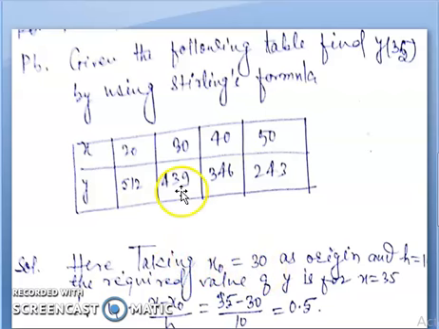You can take any value in the middle, like 30 or 40, as x0 and put it here, and you get u equal to 0.5. Here we have taken the x0 value as 30. You can also take 40 as origin and put it in the formula of u, and the value becomes 0.5.